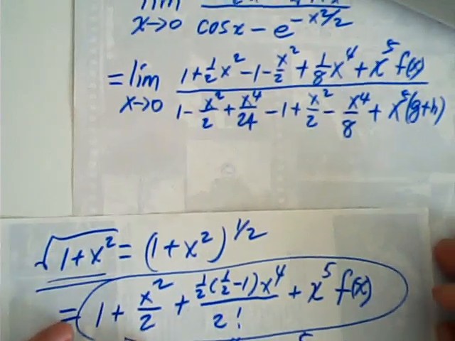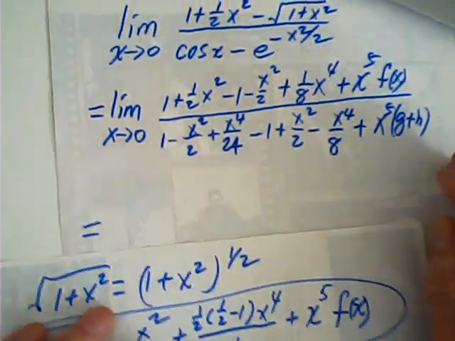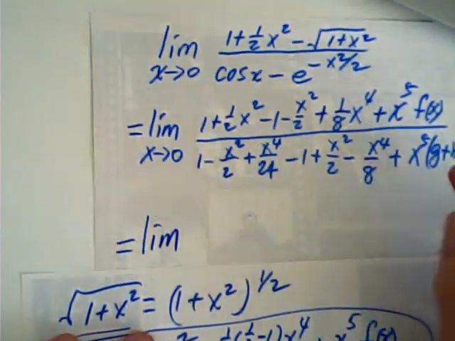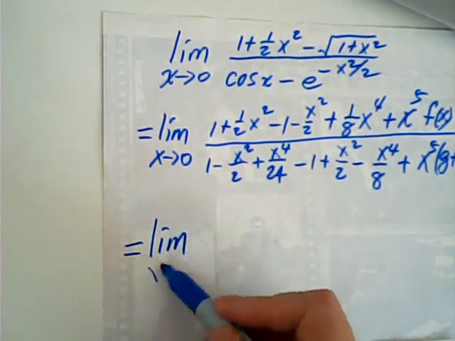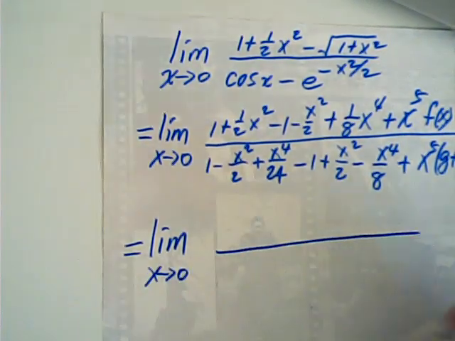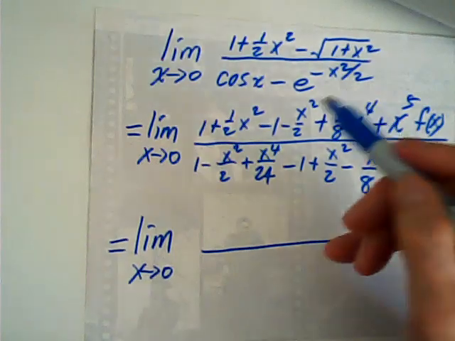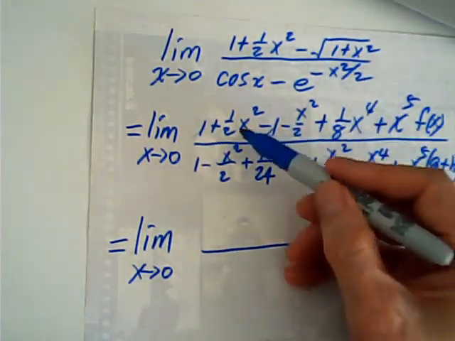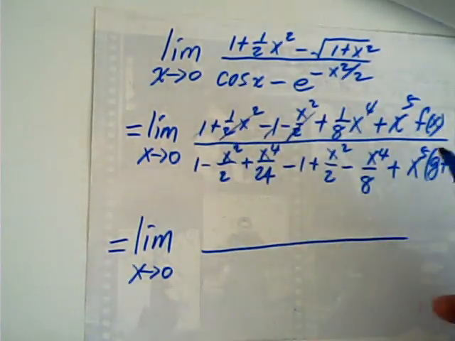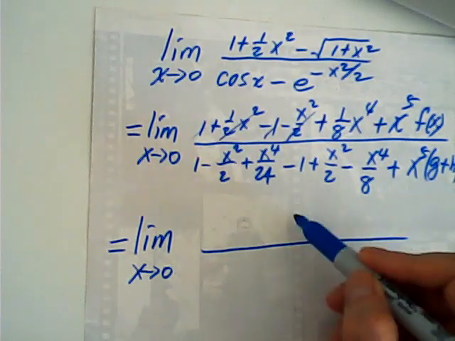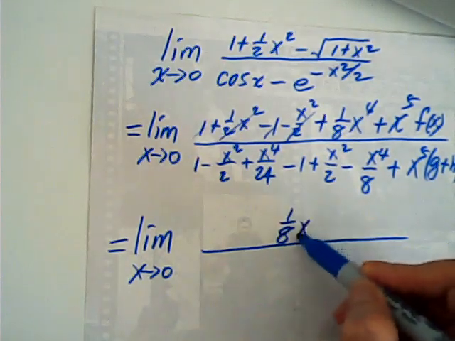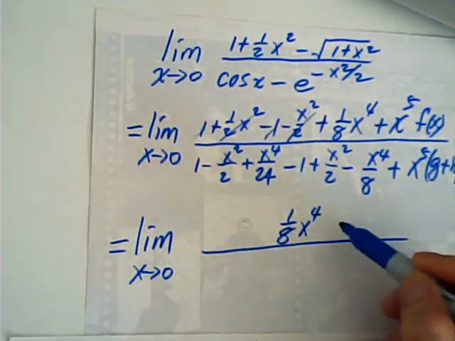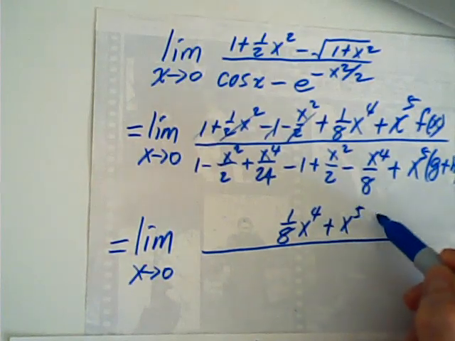So far, so good. Then we take the limit as x approaches 0. The 1 cancels with that one. So left over is 1/8 x to the fourth plus x fifth times f of x.